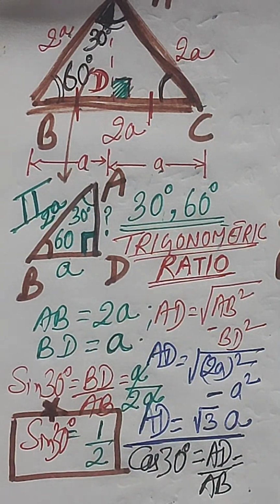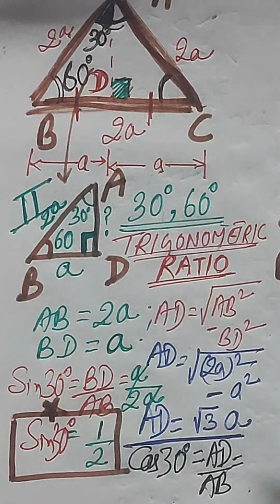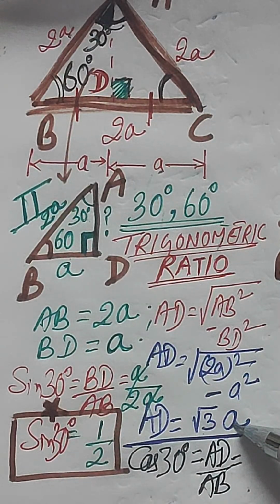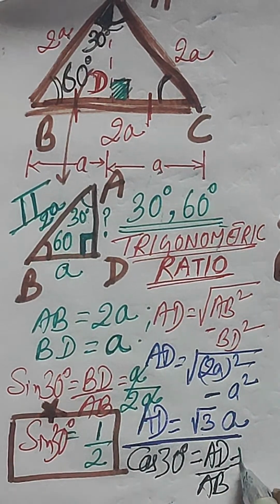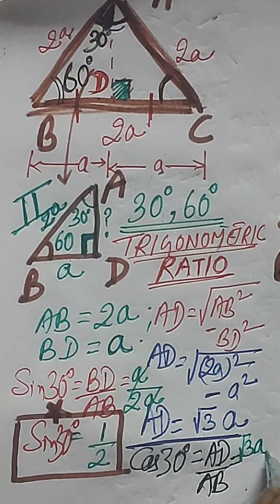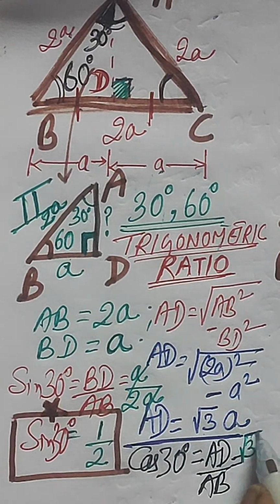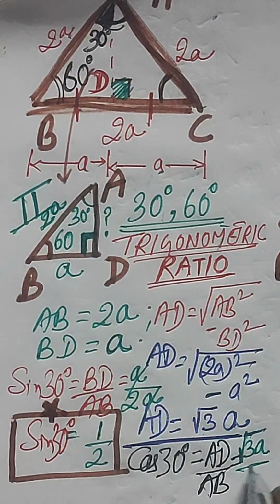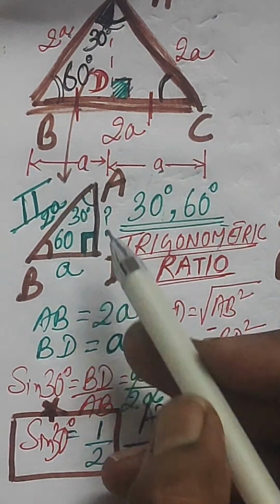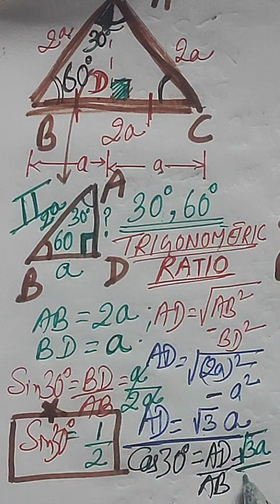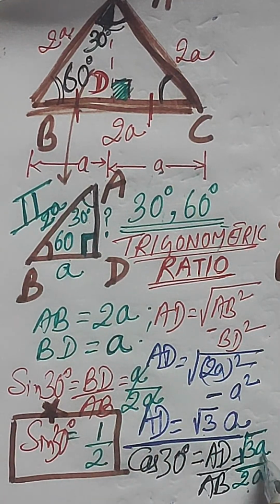And what is the value of AD? The value of AD here is simple. We have calculated root 3A. So it will be root 3A divided by AB, and AB is nothing but 2A. So mind it, root 3A, A is out of root.